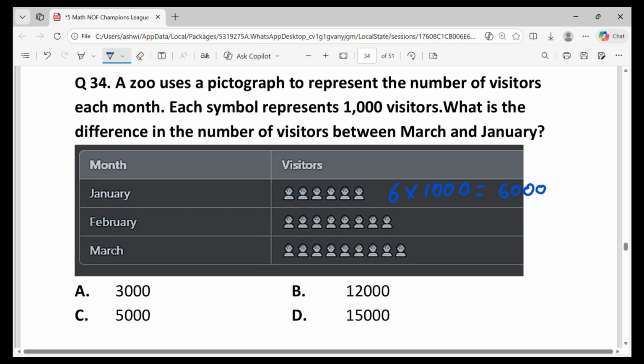And the number of visitors in March is 9 into 1000, that is equal to 9000. So the difference is 9000 minus 6000, which is equal to 3000. That is option A.